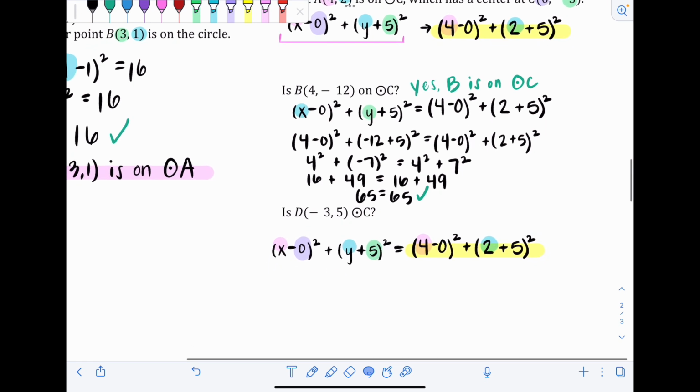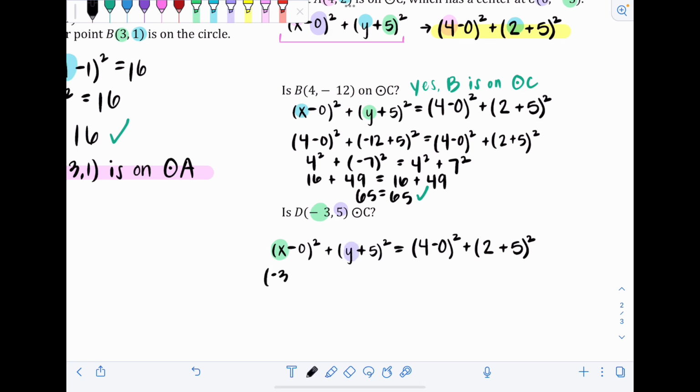So if we want to check point D, let me erase some of this highlight. If we want to check point D, we have to put point D in for x and for y. So we'll put negative 3 in for x and then 5 in for y and simplify.